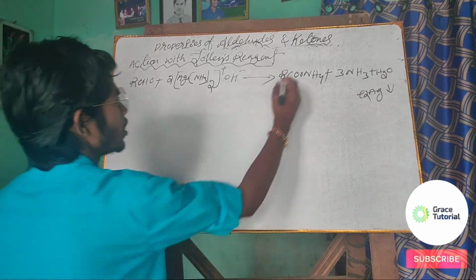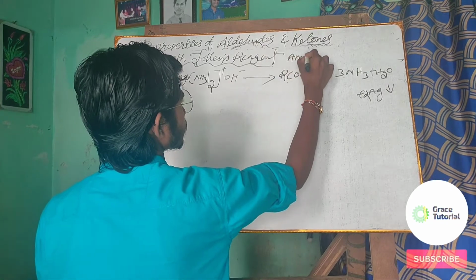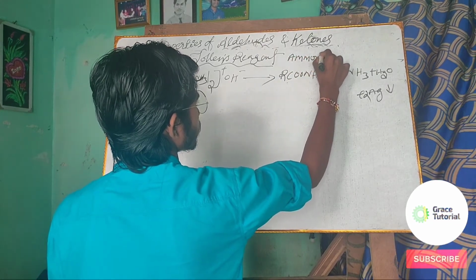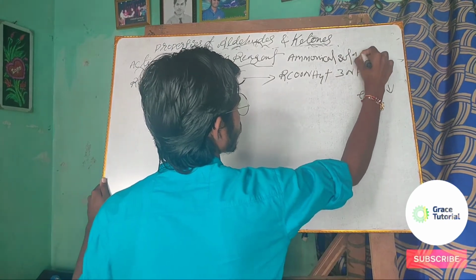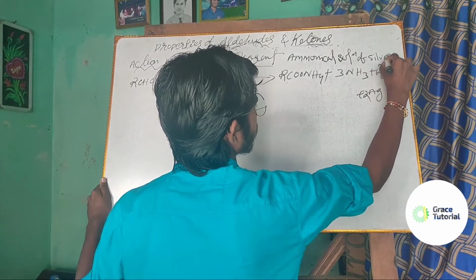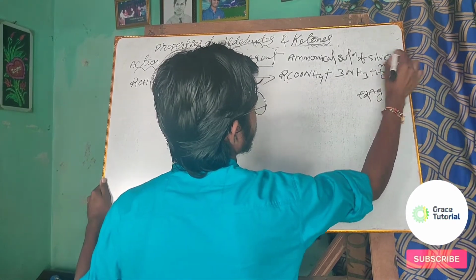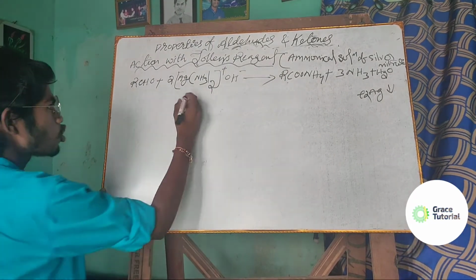Ammoniacal solution of silver nitrate is called Tollens reagent. So this is Tollens reagent.